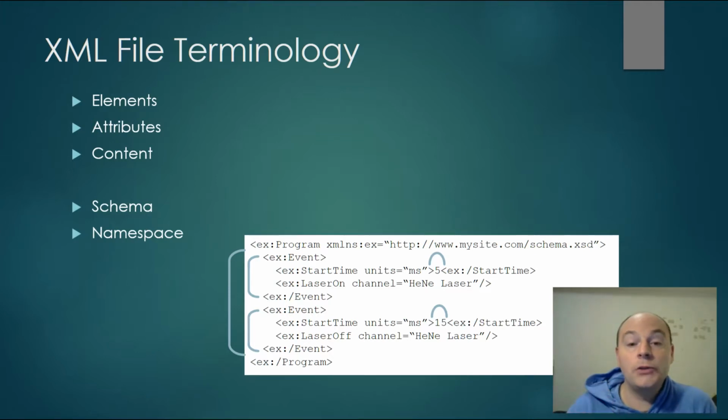Inside of program has content, inside of event has content, and inside of the element called start time has content within itself. So it goes three layers deep in that case.